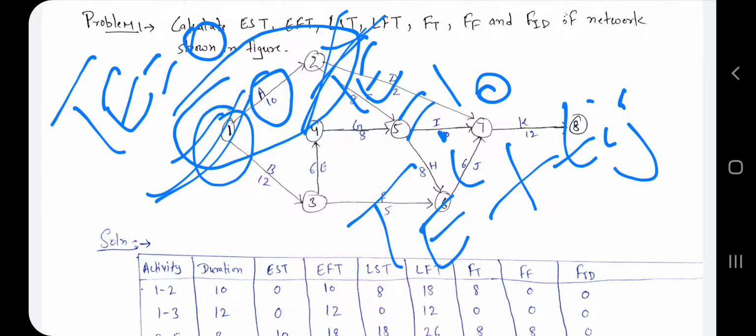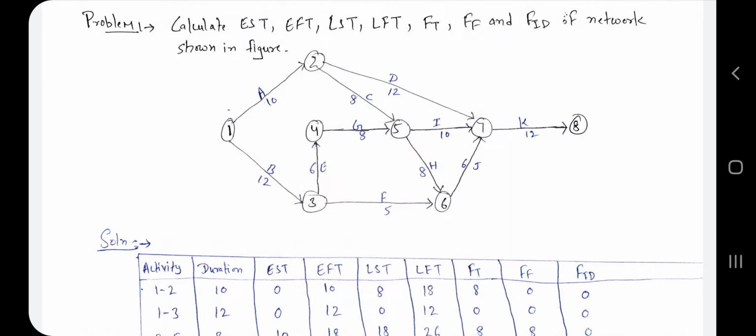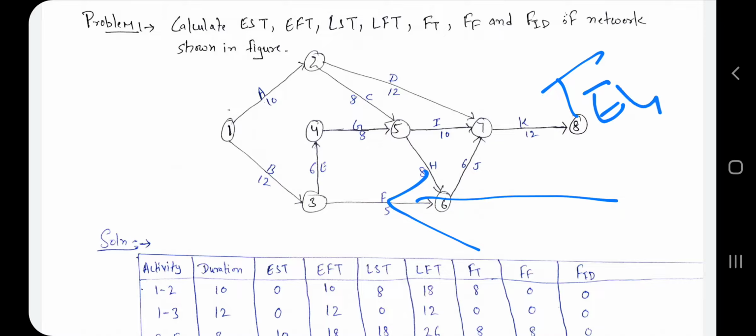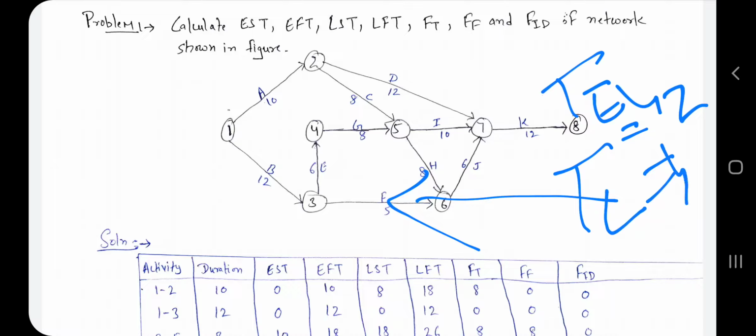Okay. Now after finding the earliest occurrence time, you have to find the latest allowable time. For that you have to start from the back side. So for example, if here I get TE is equal to 42, that means TL is also equal to 42. So here I start with this. At 8, TL is equal to 42.